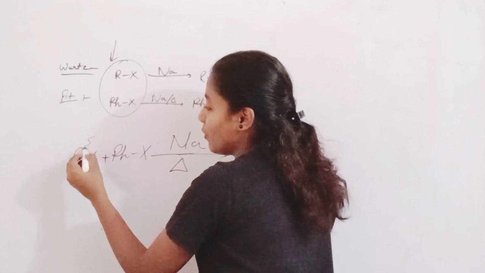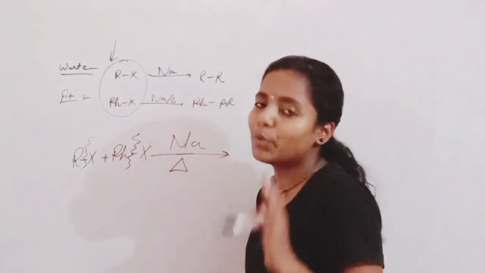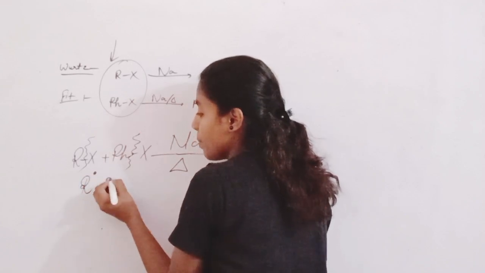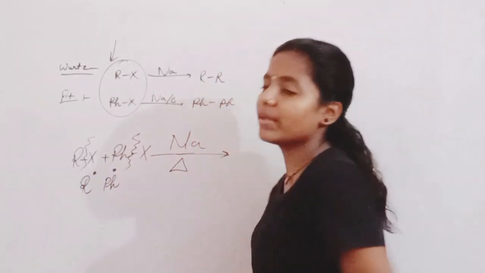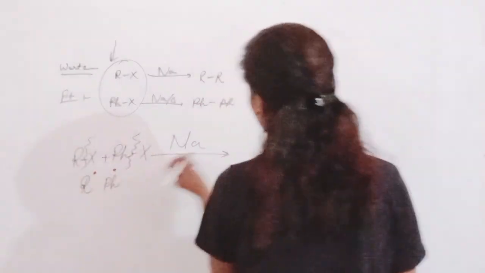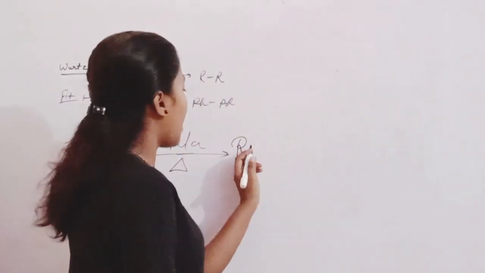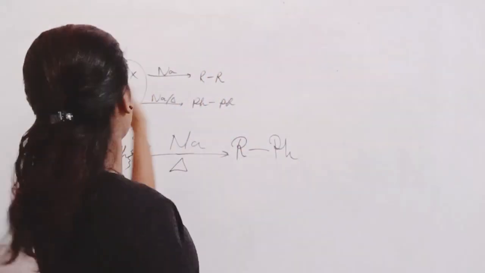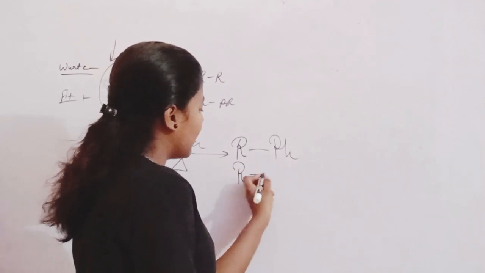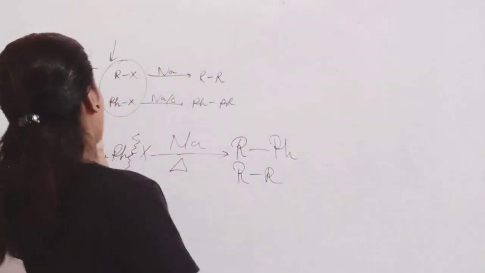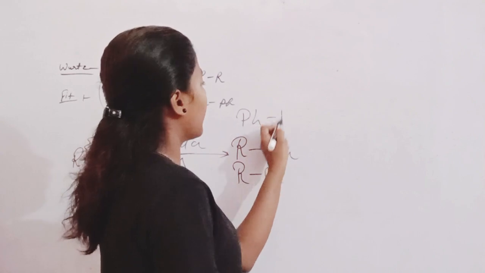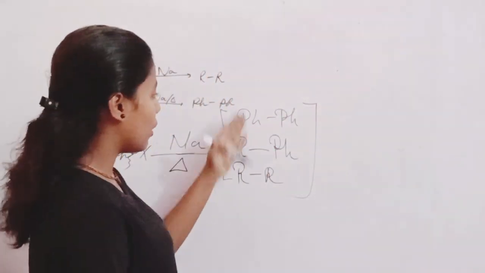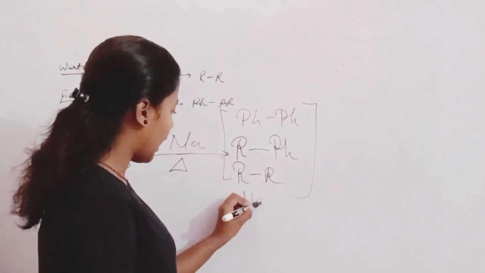Look very carefully: both bonds will break, right, everyone? They will break, and here we will get R dot and Ph dot, that means radicals. So what happened is that R directly formed a bond with Ph, and as happened in the Wurtz reaction, R combined with itself, or as in the Fittig reaction, Ph combined with itself. Now three particular compounds are formed along with NaX.